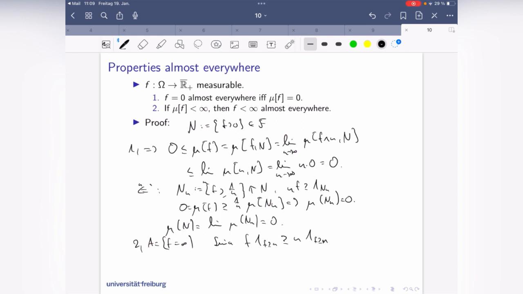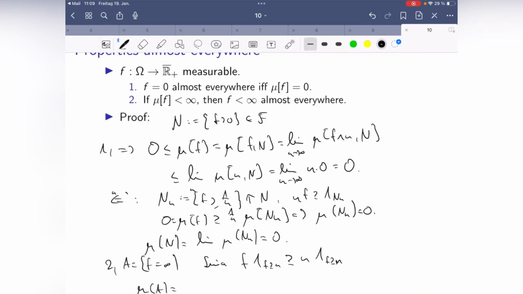And then mu of A should become 0, because f equals infinity can happen only on a set of size 0. So mu of A, we have to prove that's 0.